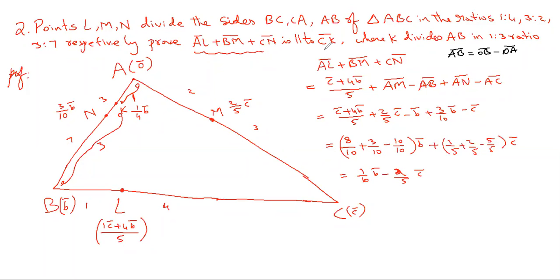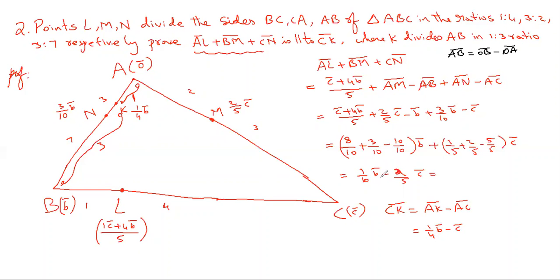So you need to convert this in terms of CK bar. Let us calculate CK bar separately. CK bar equals AK bar minus AC bar. AK bar is 1 by 4 B bar, and AC bar is C bar. So now you can write this in terms of that.